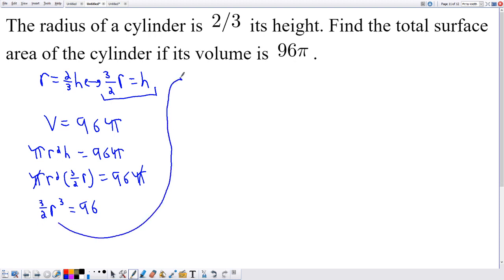I can divide by 3 on both sides of that equation, and I'd be left with 1/2 r to the third equals 32, 96 divided by 3, yep. And then multiply by 2 on both sides to get r to the third equals 64.